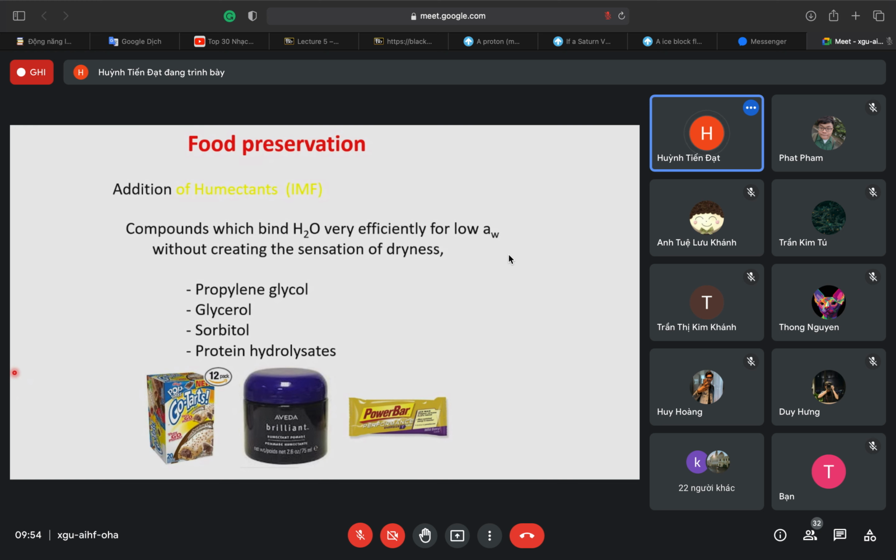In that case, it needs to be acidified or treated in the proper way for safety. And for water activity, if any food is over 0.85, it is subject to growth of pathogens. So that's also dangerous if we're not handling the food in the proper way.